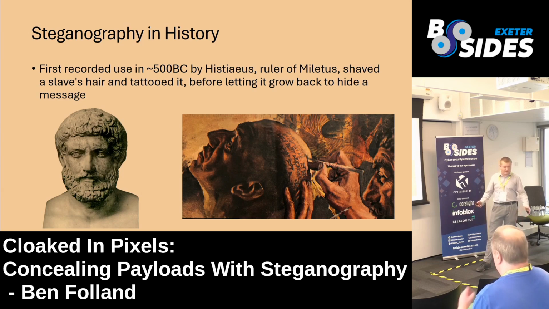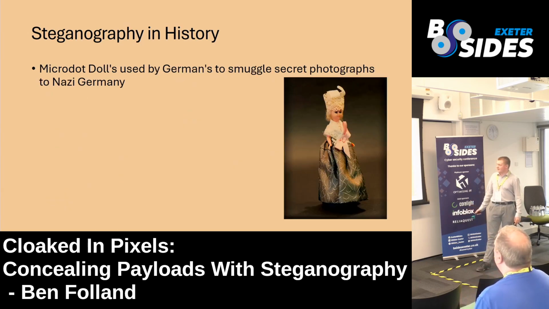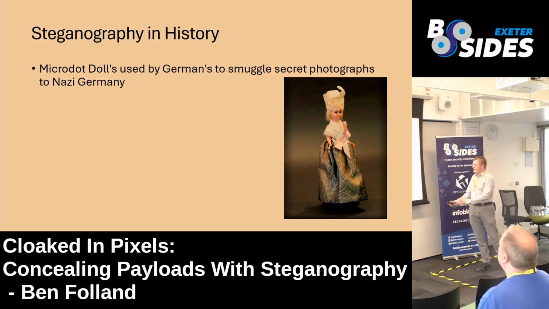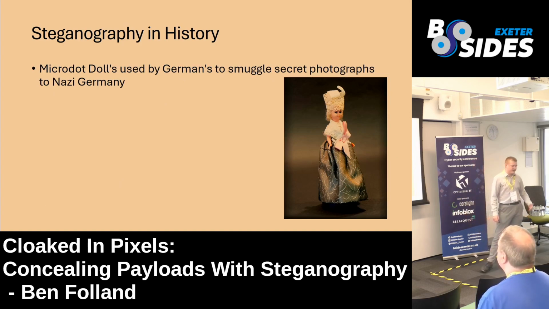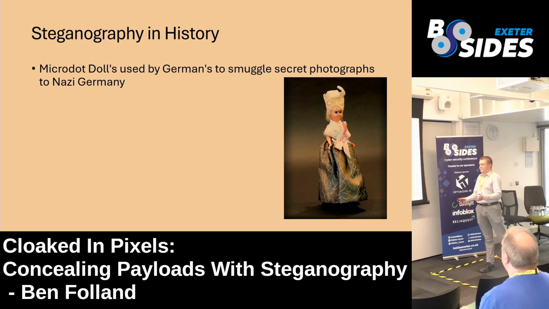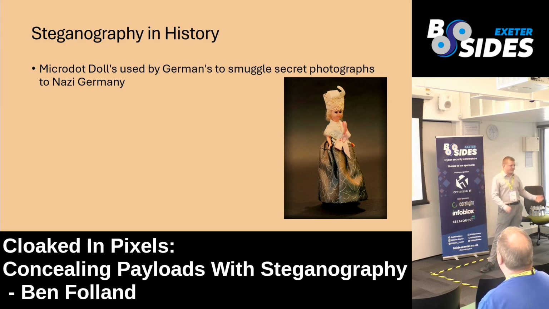If we go forward roughly 2,500 years, we get to around Nazi Germany time, and German spies were using microdots to smuggle photographs or documents on benign objects. A microdot is a downsized photograph. It is incredibly small, literally the size of a dot.